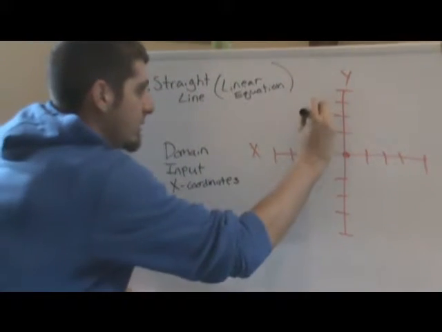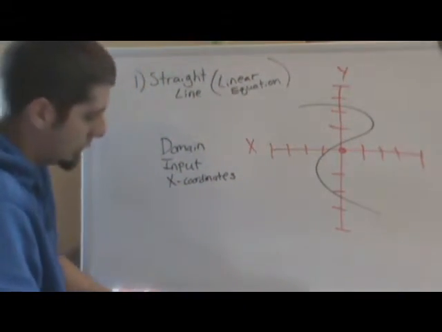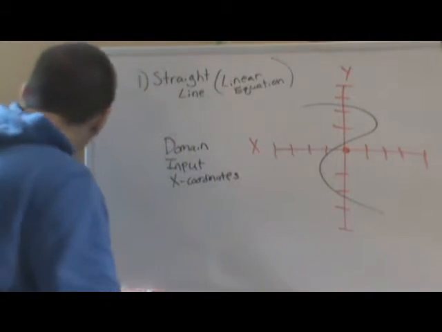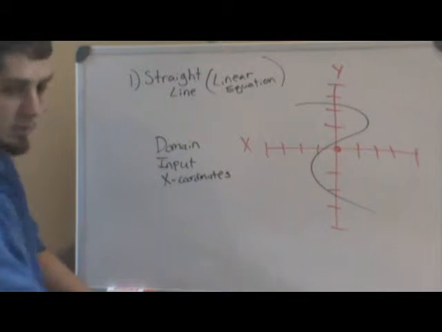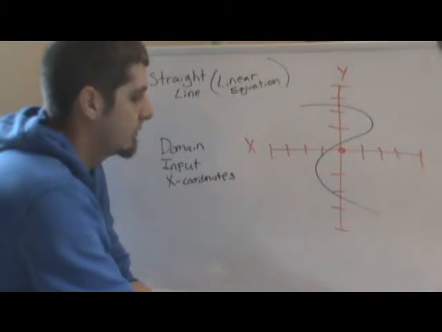For example, if I see something like this, this is not a function, and there are two reasons I know this. One of those reasons is that it does not pass the vertical line test.